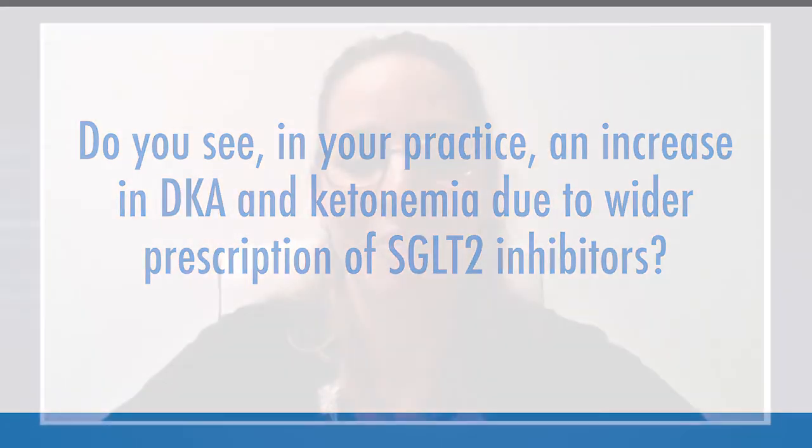Oh, thank you for the question. As a pediatrician, I must admit, I don't have patients on SGLT2 inhibitors. However, from my adult colleagues, as these drugs are options for adults with type 2 diabetes, we know that they can present with so-called atypical DKA.